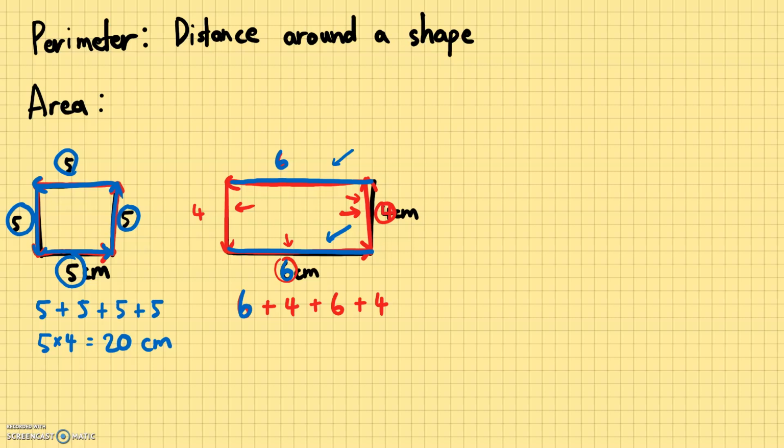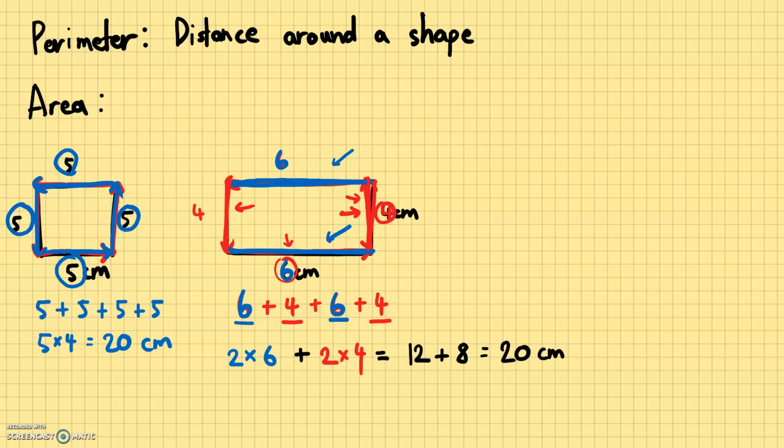There are 2 blue sides here, so that's why we do 2 times 6, and then plus, there are 2 red sides, which are both 4, so we do 2 times 4. That equals 2 times 6 is 12, plus 2 times 4 is 8. So that's 20. It turns out that it has the same perimeter as our square.